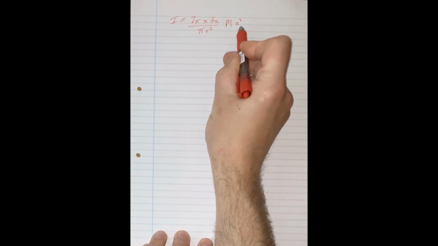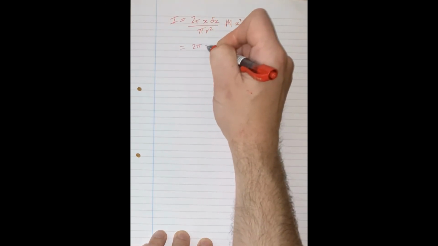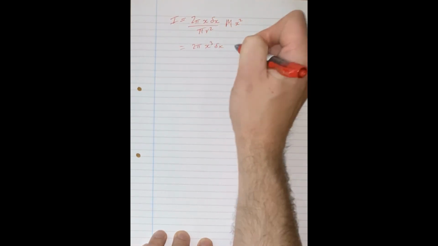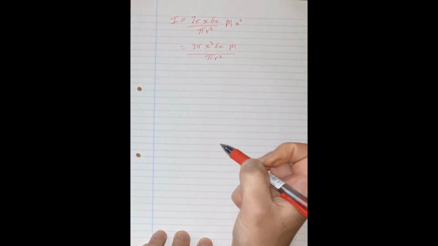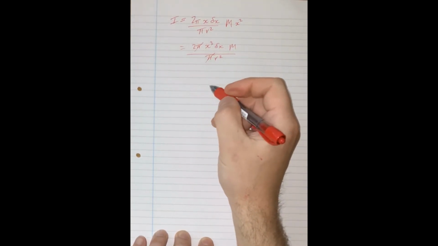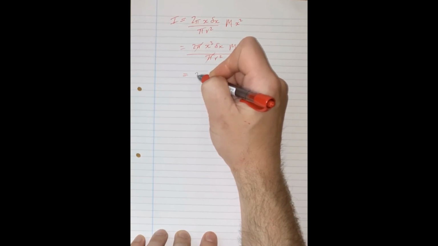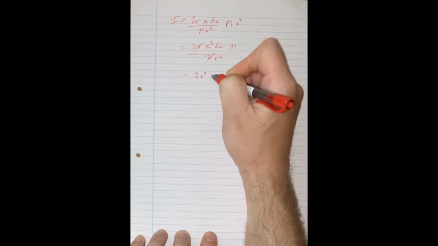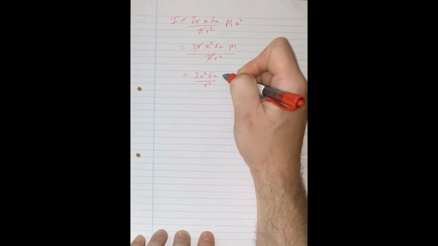We've got an x here, we've got an x squared there, so it's going to come out as 2 pi x cubed delta x m over pi r squared. And then we've got pi top and bottom, and so our expression now is 2x cubed delta x over r squared m.